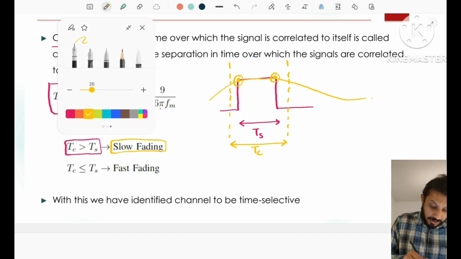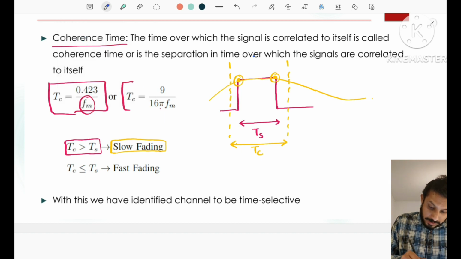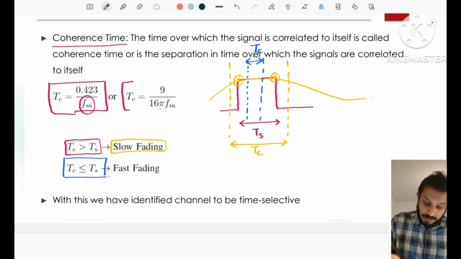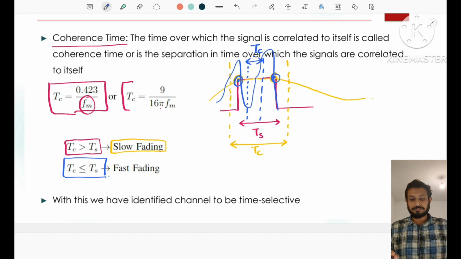However, on the other hand, if we say that this Tc is less than or equal to Ts, let's say this time is Tc, then we can say these 2 points are not correlated because the channel is changing very quickly.